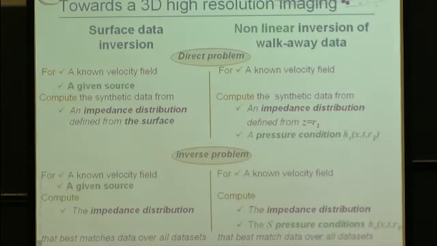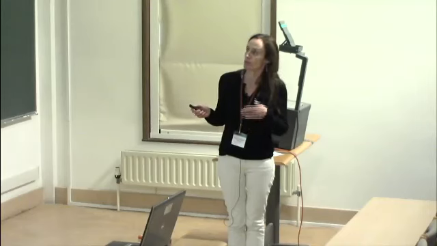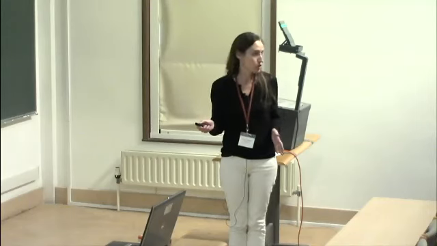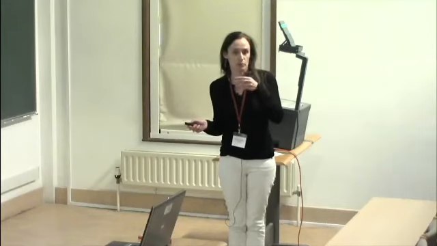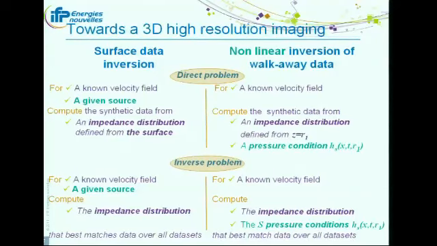So again, the problem I am considering here is a reconstruction of an impedance distribution. It is not the problem that has been presented this morning by René Edouard and Hervé, who wanted to reconstruct the velocity field. Here we will assume the velocity field to be known. The main difference with the inversion of surface data is that we will get rid of the overburden, the part of the subsurface that is above the first receiver.